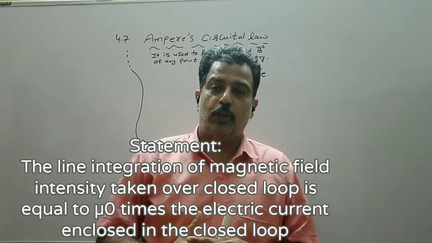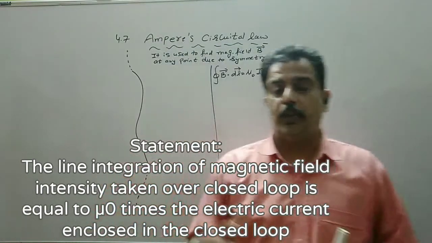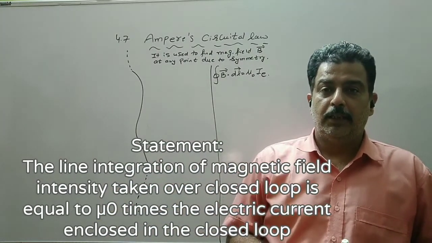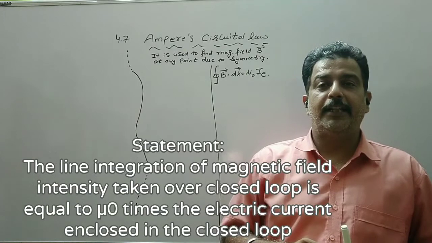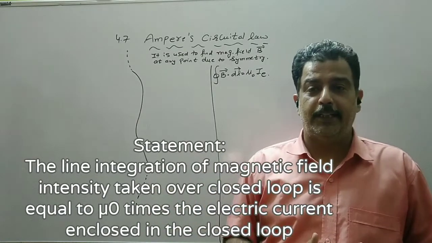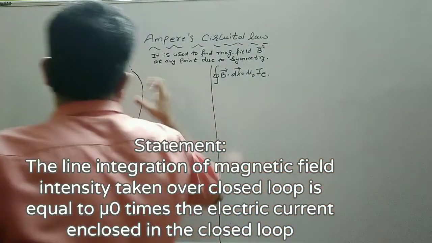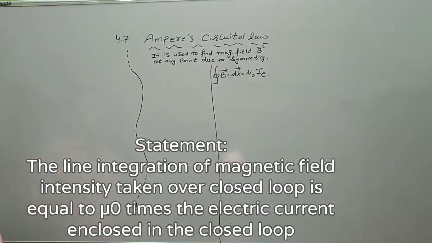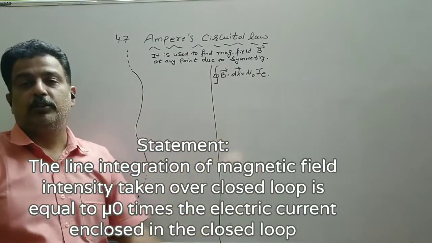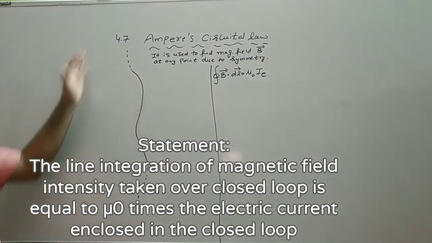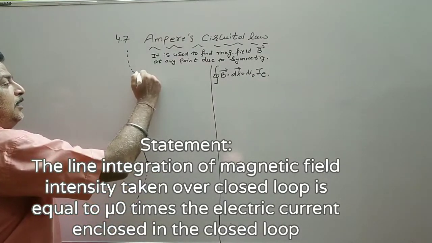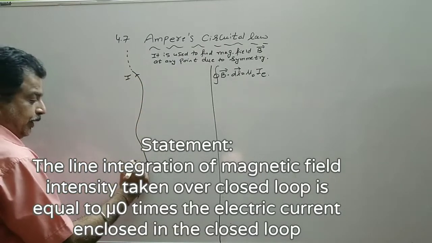Then we did the cross multiplication of the current element and the displacement vector. So we found the magnetic field intensity at any point due to a small element, and then you have to do the integration. Here while applying the Ampere Circuital Law, this integration becomes very easy as compared to the Biot-Savart law.